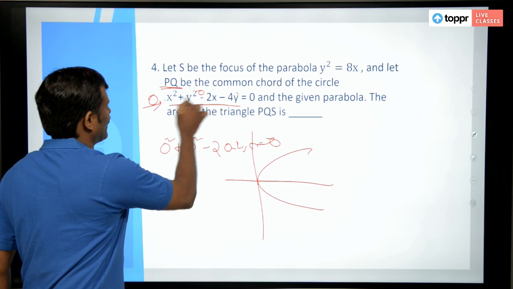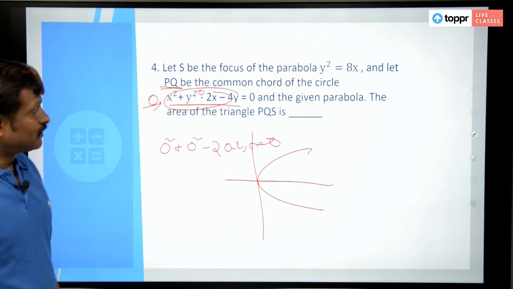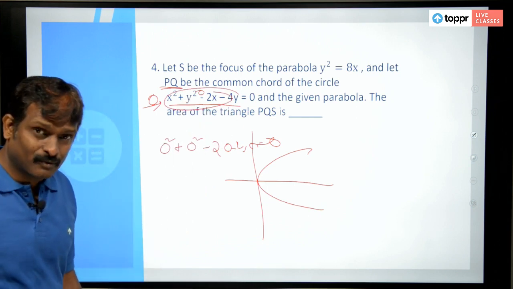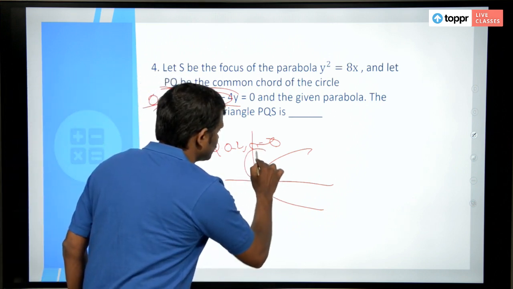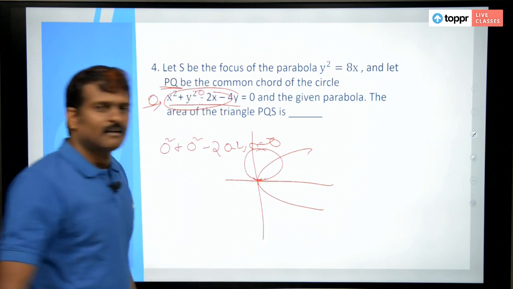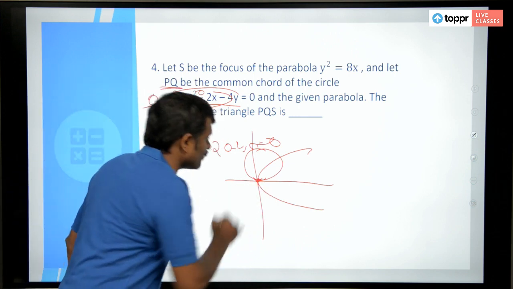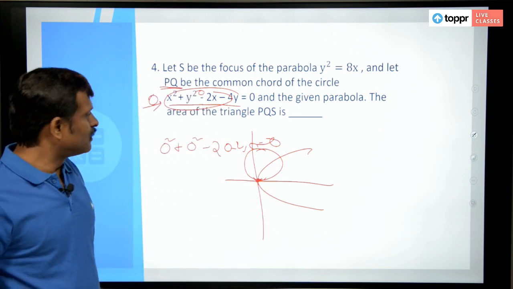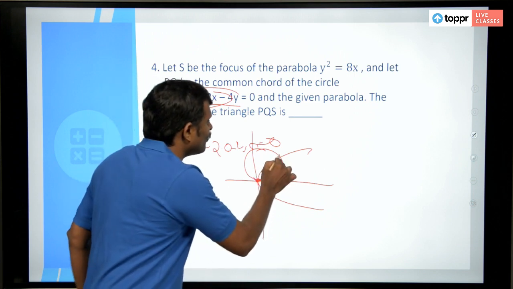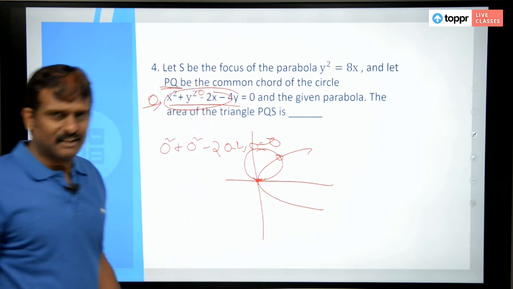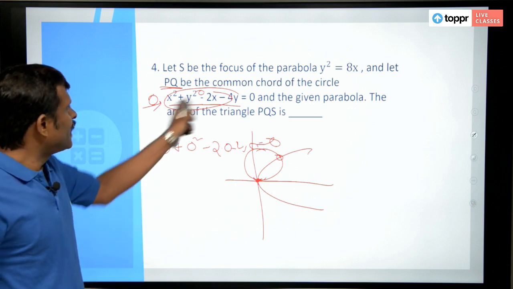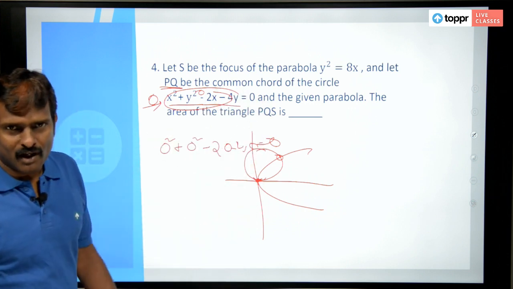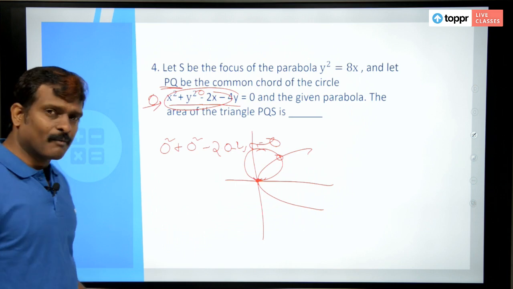So this entire thing is 0, which means the circle is also passing through the origin. So the origin is one of the common points, and there might be one more common point. That is what we are going to find out. How can we find that other common point? By equating the parabola and the circle. Come on, let us do it.